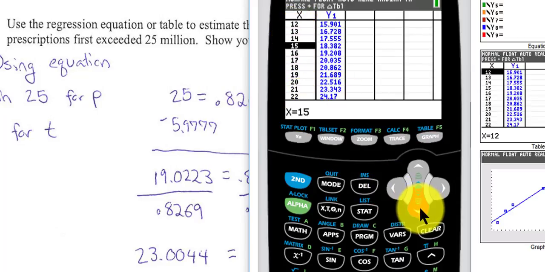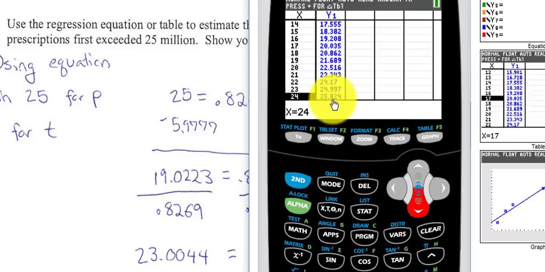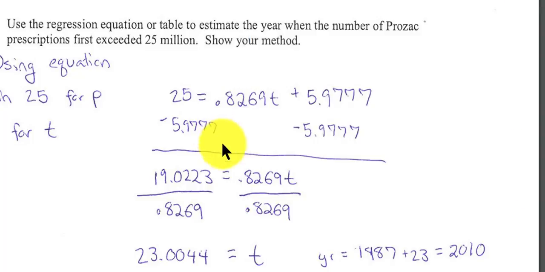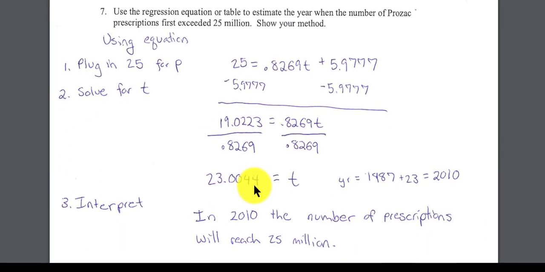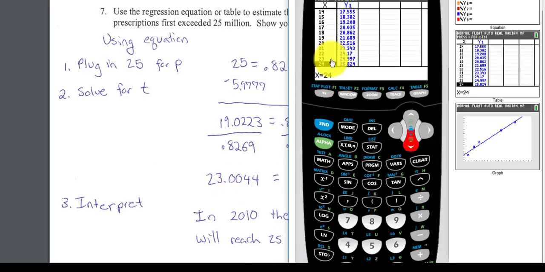So you can see we're at 20 million prescriptions, 21, 22. When do we get to 25 million? So it looks like 24 years maybe, right? Somewhere between 23 and 24 years would be my answer. Looks like 23.004. So if you told me 2010 or 2011, I would accept either of those answers. All right, so this was the table method.